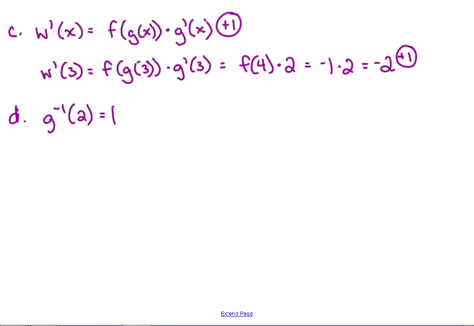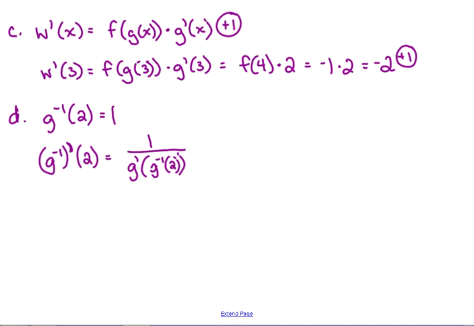Now, we need the slope. The slope comes from the derivative. We need the derivative of the inverse. There's a rule for that. It is 1 over g prime of g inverse of the value.